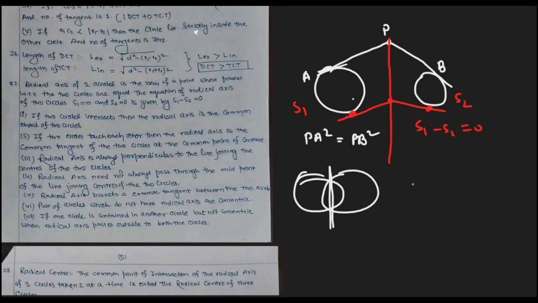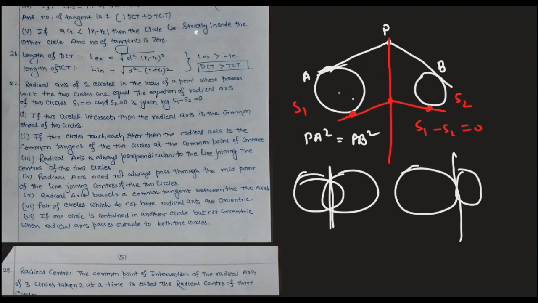And if two circles touch each other, then the radical axis is the common tangent of the two circles at the common point of contact. So if they are touching each other, suppose in this way, internally or externally, then this tangent will be the radical axis. Radical axis need not always pass through the midpoint of the line joining the centers of the circles.